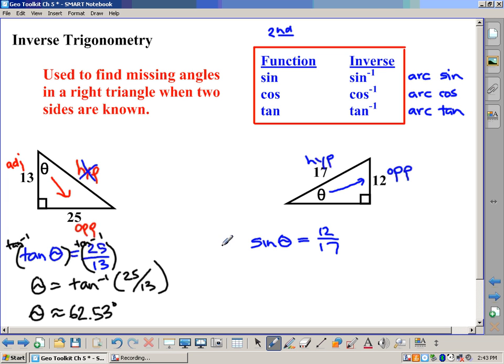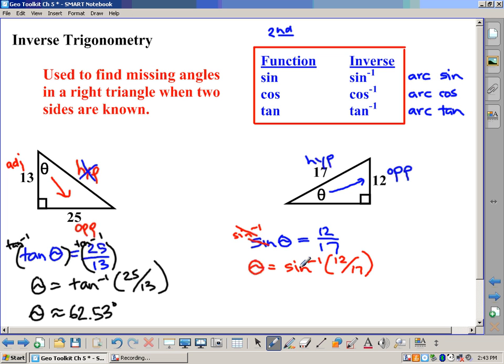Then the only way to undo sine is what we call arc sine. So we're going to end up doing this. Theta equals arc sine of 12 divided by 17. By doing arc sine on both sides, they cancel each other out here, and that's where we get the arc sine of 12 over 17 on the right side of the equation here.